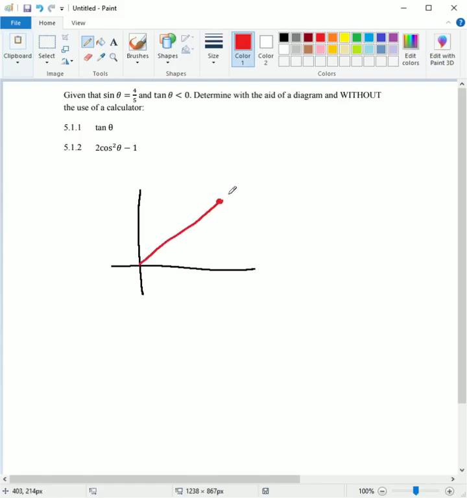This point has a coordinate x and a coordinate y, because we're in a Cartesian plane, and this line has a certain length.